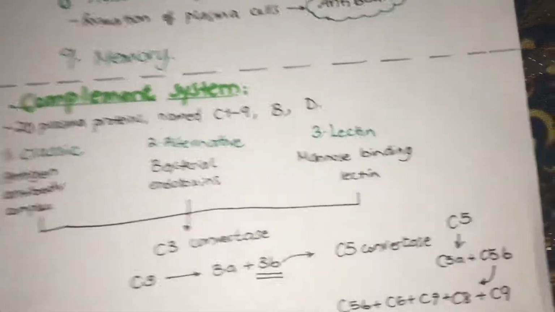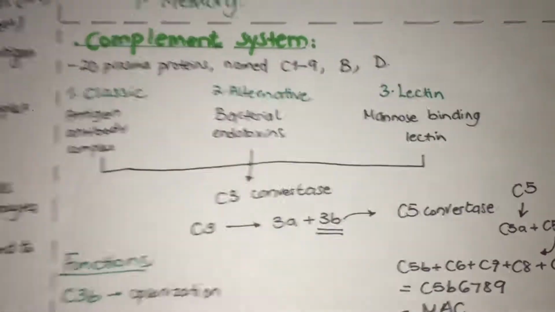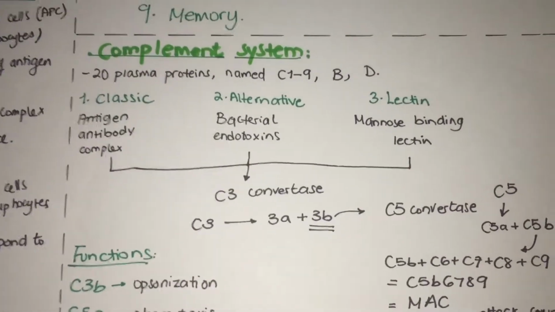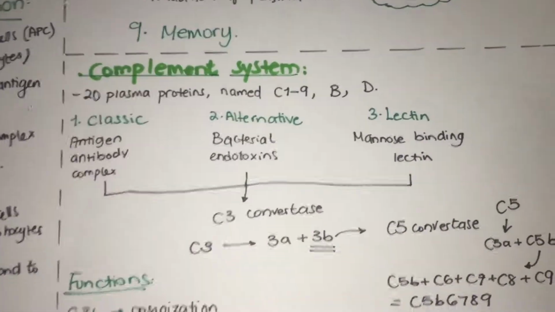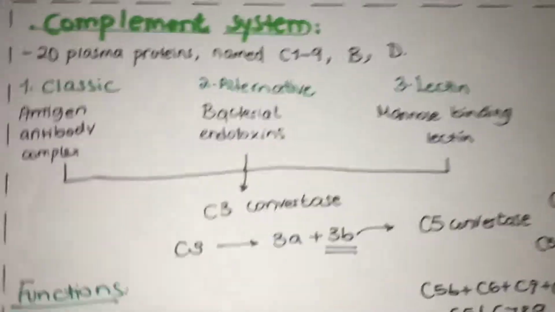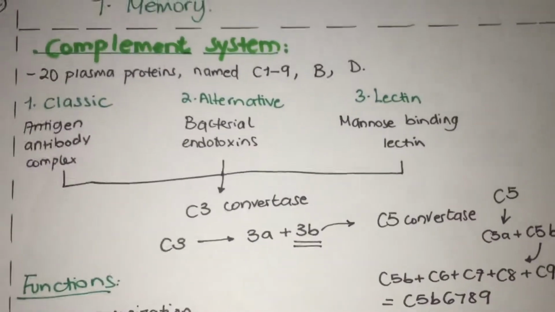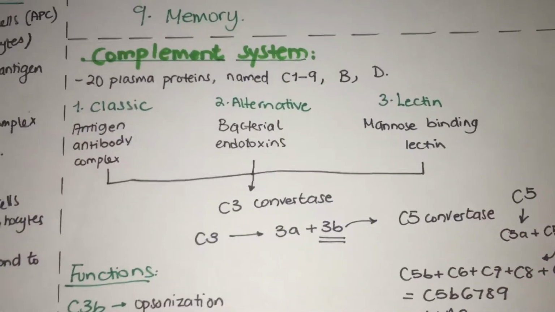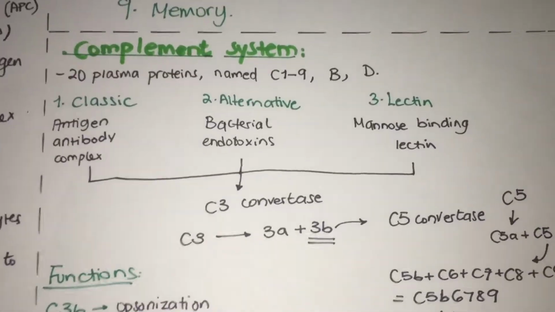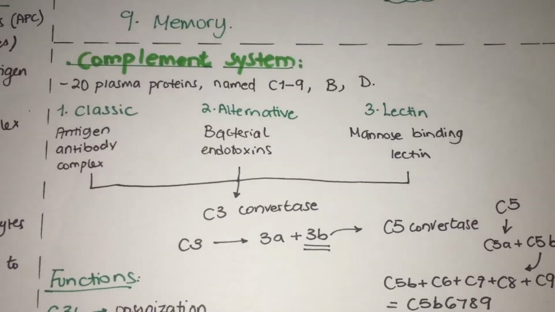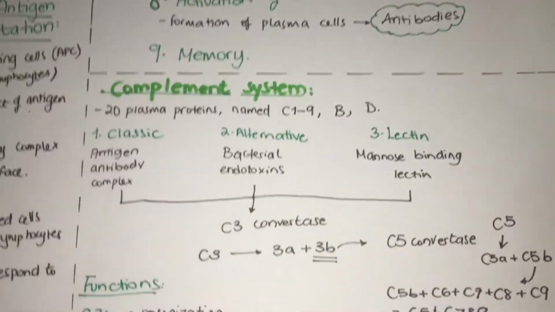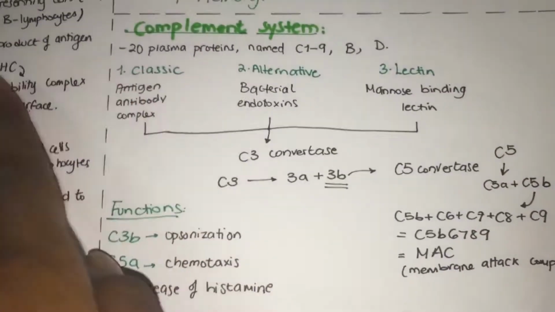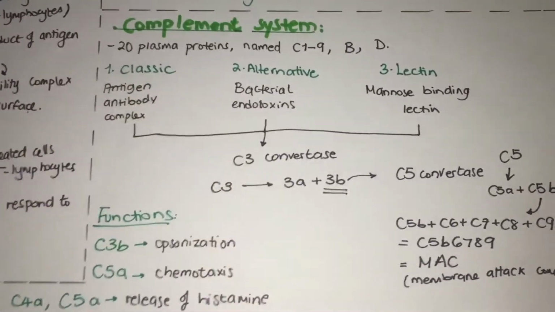What happens is that we stimulate one, which stimulates another, up until they form an enzyme known as C3 convertase. Just to note that C3 convertase is not the exact enzyme in each of the pathways. So there is a C3 convertase here, there is one here, there's one here. So after that, we form this enzyme called the C3 convertase.